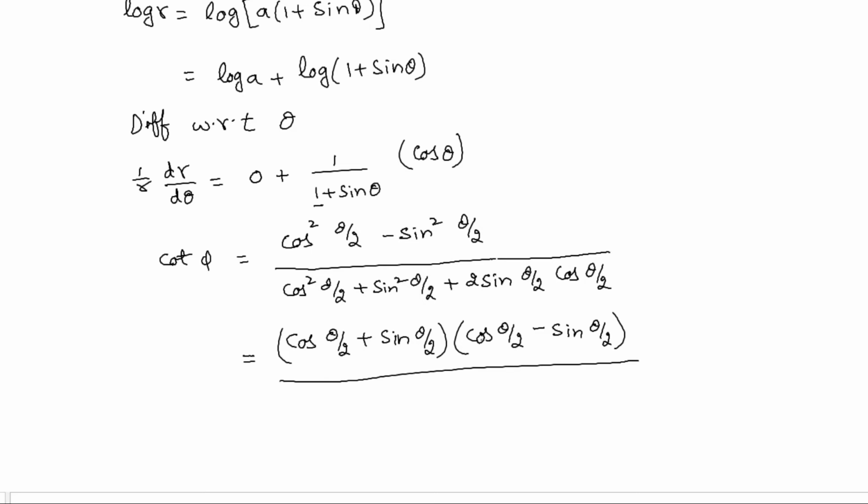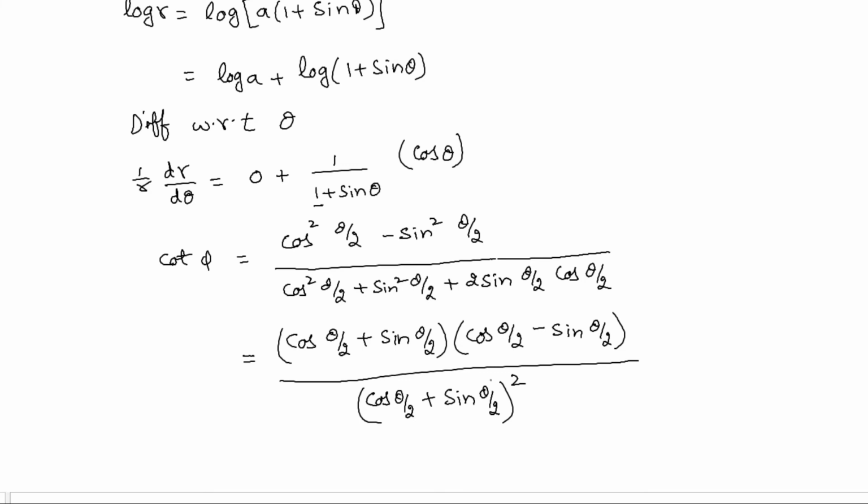The denominator, if you observe, is in the form of a square plus b square plus 2 times a into b, which is nothing but a plus b whole square. So I can write that as cos of theta by 2 plus sine of theta by 2 whole square.